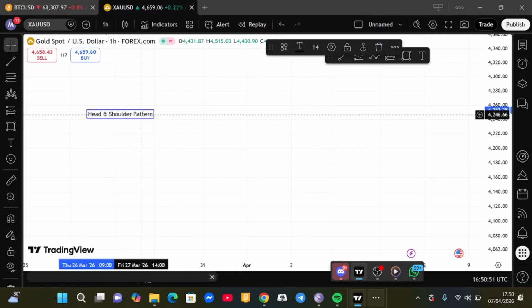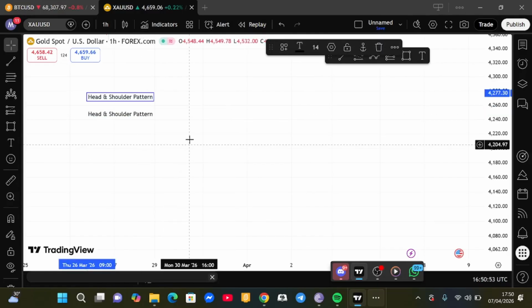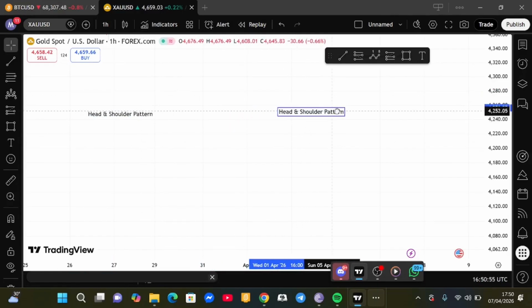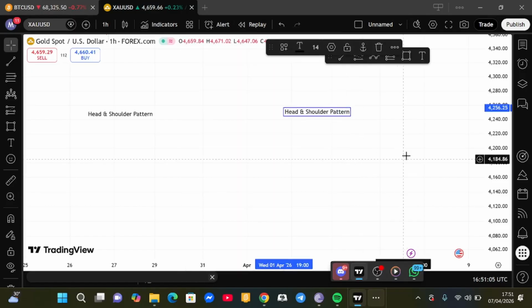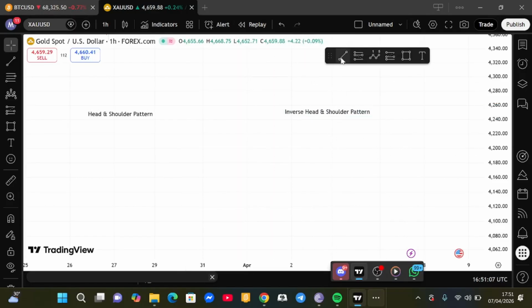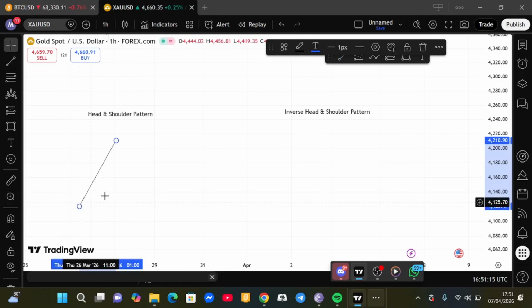Now we have the head and shoulder pattern, and we have the inverse head and shoulder pattern. All right, so the head and shoulder pattern usually looks like this. This is your head and shoulder pattern.